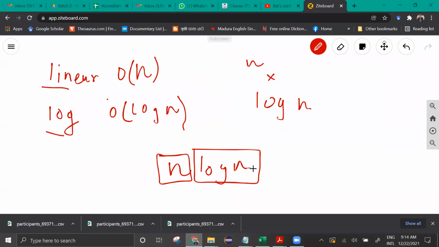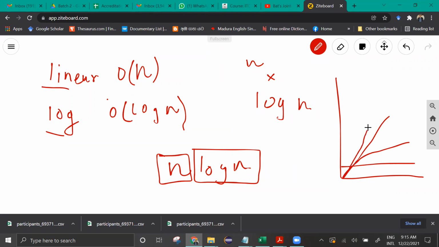So usually it is considered as between, so we have constant, and then logarithmic, and then the linear, and then the next one goes something like this, n log n.